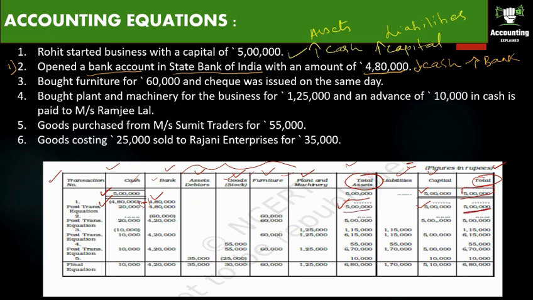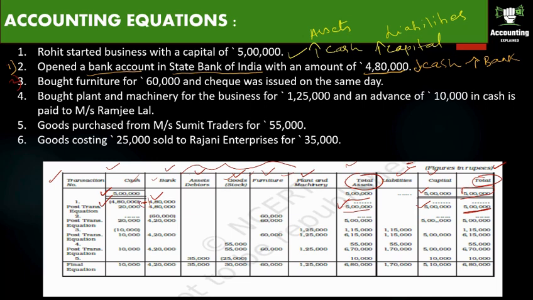Next point, bought furniture. This is the second point. Bought furniture for rupees 60,000 and a check was issued on the same day. So you bought furniture and a check was issued. Check issued means the amount is being paid from the bank.